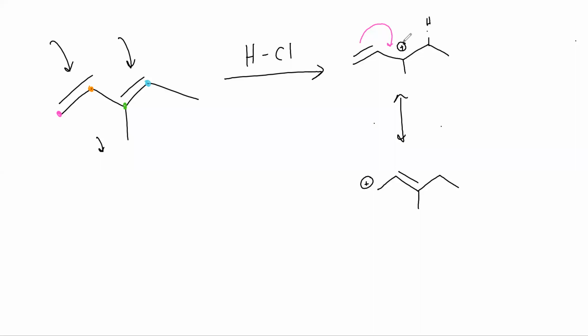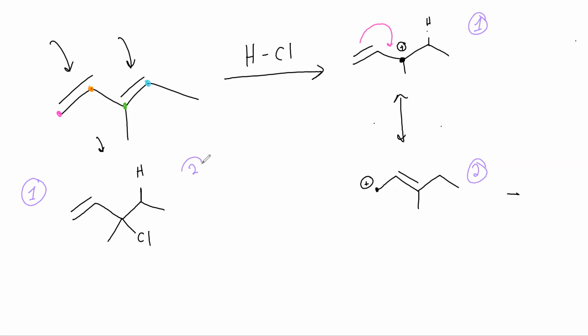One, where the positive charge stays the same, it stays on that tertiary carbon, and another for the resonance structure, where the positive charge moves right here. So let's call this product 1, and we'll call this one product 2. So product 1 will have the chlorine added to this carbon right here. So here is our chlorine. So our hydrogen is added here, our chlorine is added there, and our double bond stays exactly the same.